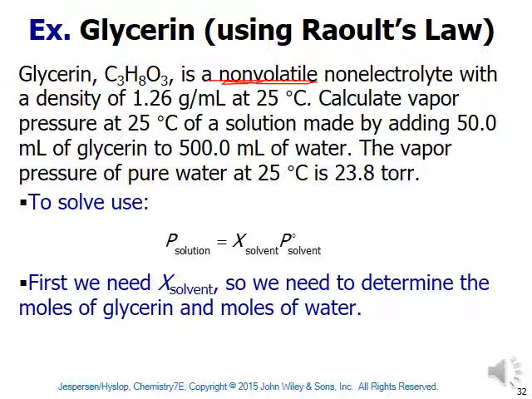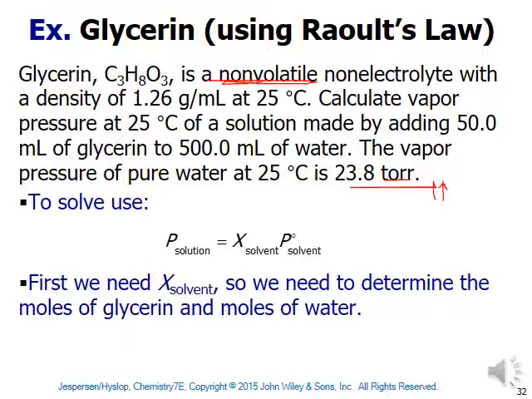That means at 25 degrees, the water is supplying a pressure to the atmosphere by evaporation of 23.8 torr. Remember, torr is a unit of pressure.